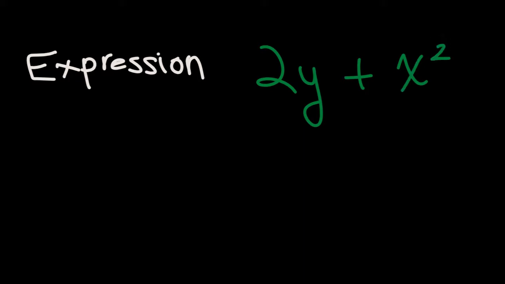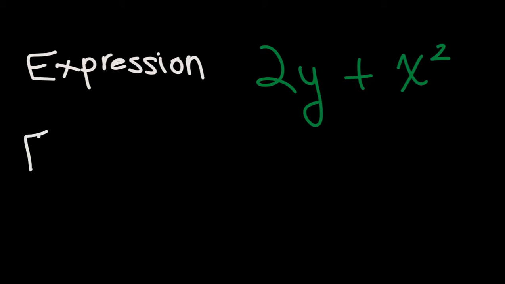An equation is something that consists of an equal sign. An expression doesn't. We have 2y plus x squared. Alright, that's our expression.